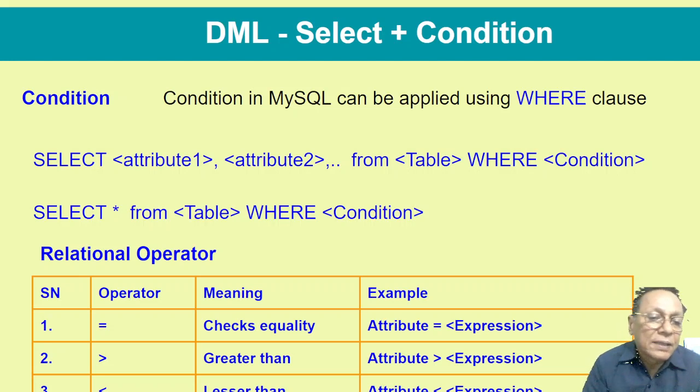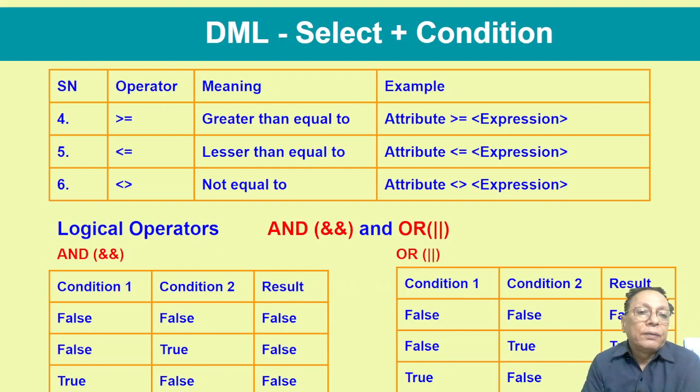Similarly, with the greater than sign, if you want to check whether the attribute is greater than the given expression, you can apply this relational operator. If you want to check less than, you can apply where attribute less than expression. Likewise, the fourth relational operator is greater than or equal to, meaning the attribute should be greater than or equal to the expression.